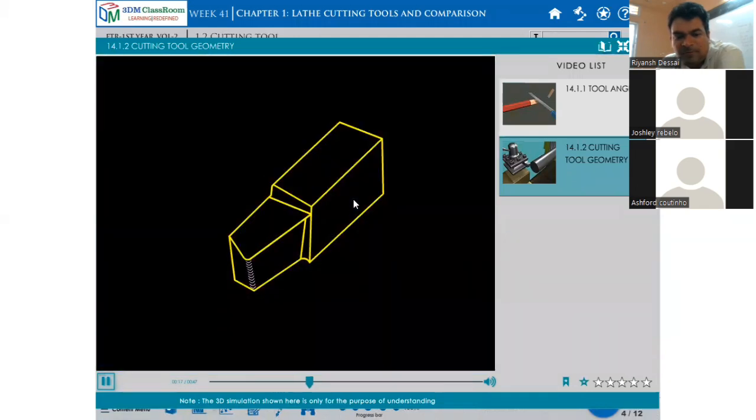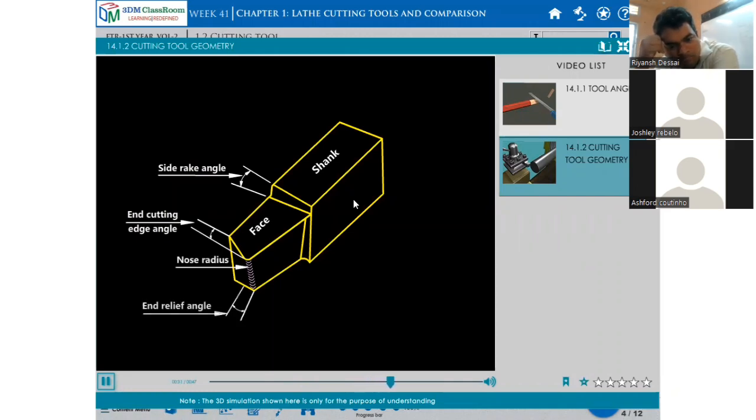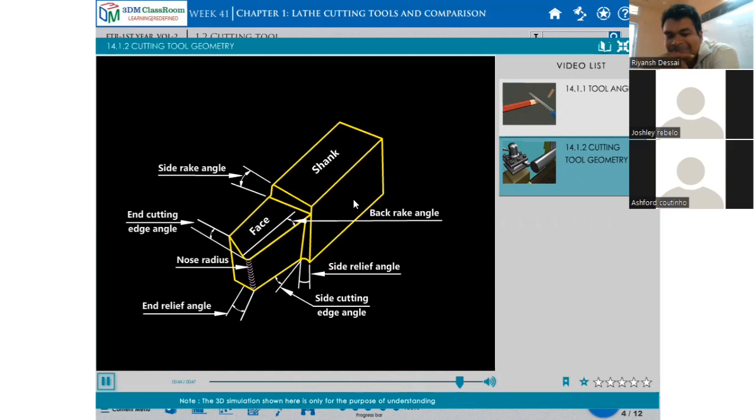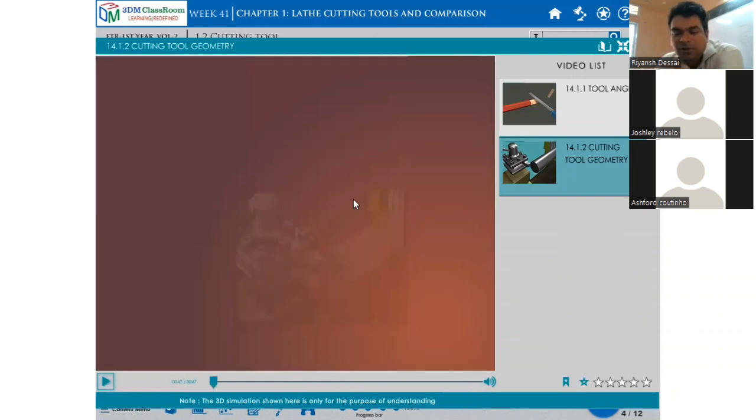Some of the important tool geometry terms are shank, face, side rake angle, end cutting edge angle, nose radius, end relief angle, back rake angle, side cutting edge angle, and side relief angle. Here the rake angle is very important.